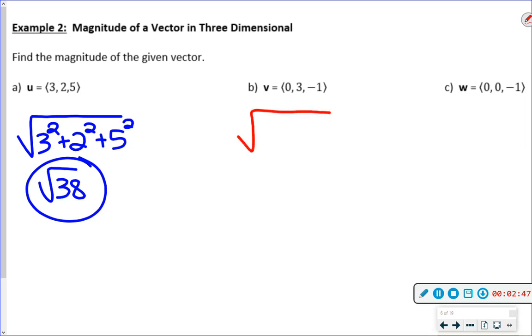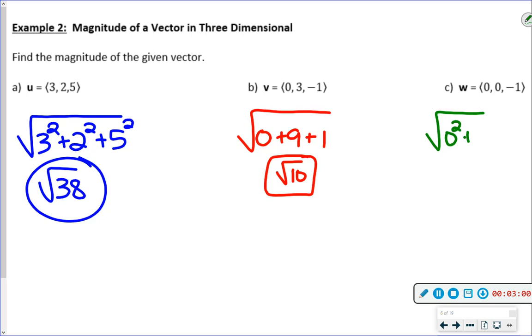All right, let's do the magnitude of this one. 0 squared, 3 squared, -1 squared, square root of 10, which does not simplify. Same deal. I don't know why I'm writing 0 squared, but I am, I guess. So, of course, we end up with 1. All right, exciting stuff. Like I said, you probably could have blasted through the front page.